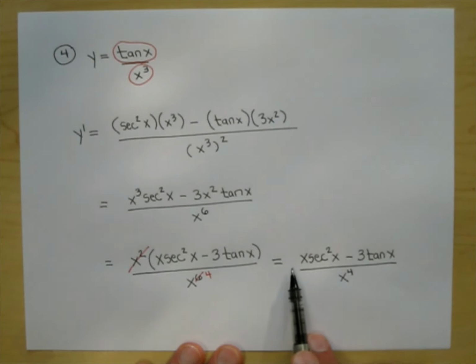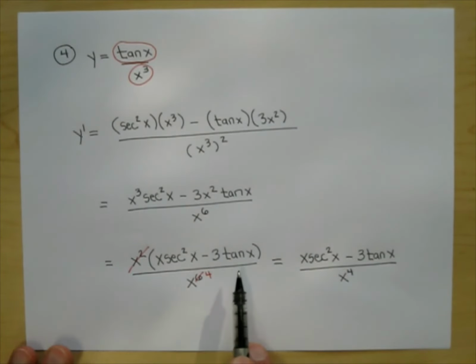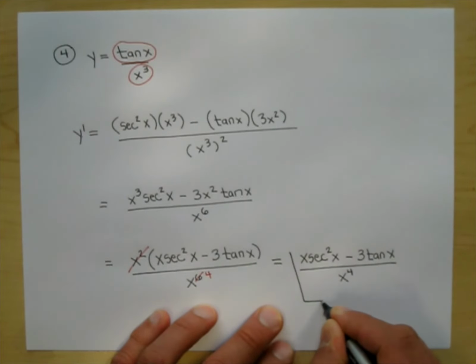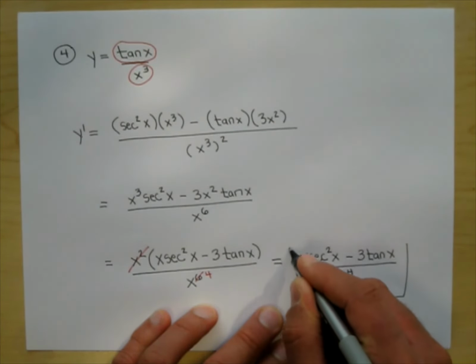So you can't factor them out front. And you can't cancel the x to the 4th with that x. That's another thing some people want to do, because now you have two terms on the top. Terms are separated by pluses or minuses, and so you can't cancel that. The only way you can cancel this is like what we did. We factor something out. So this is the final answer.